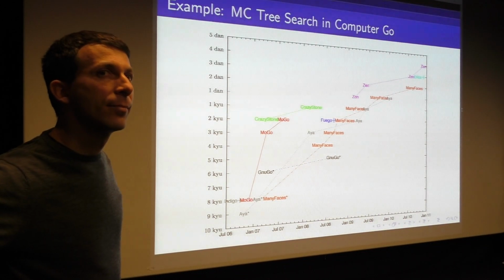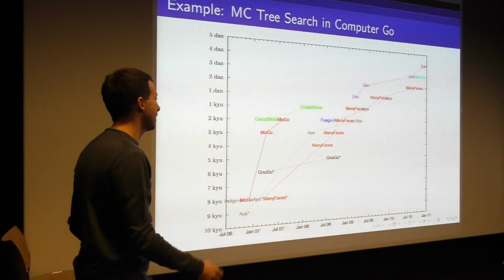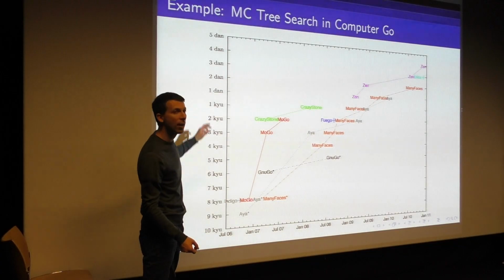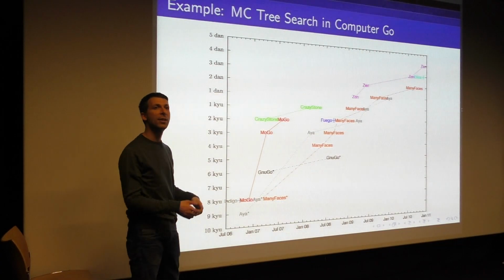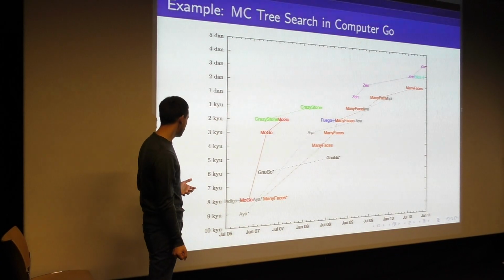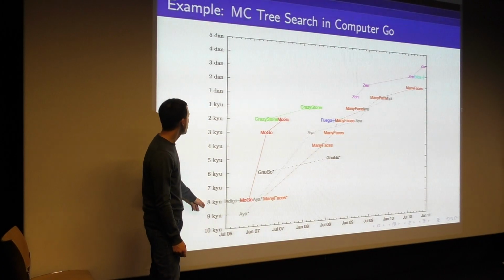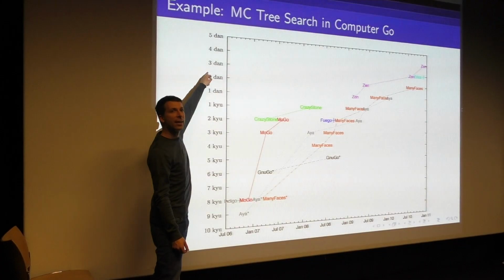Can you explain the y-axis? Ah, sorry, yes. I should explain this diagram. The x-axis is time. The y-axis is the strength of the Go program over time. This is the rankings that humans use, starting from Kyu levels, where lower Kyu is better, and then higher Dan is better.